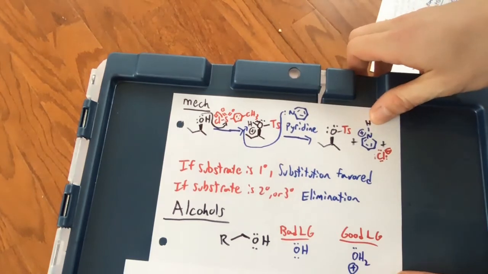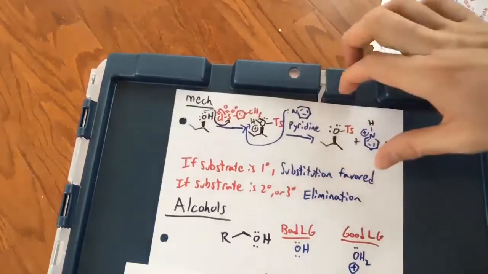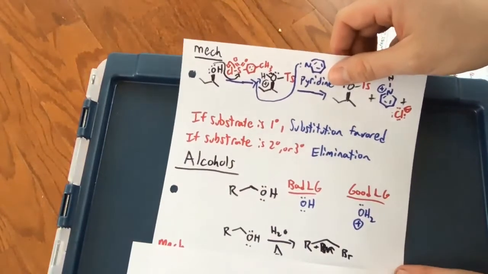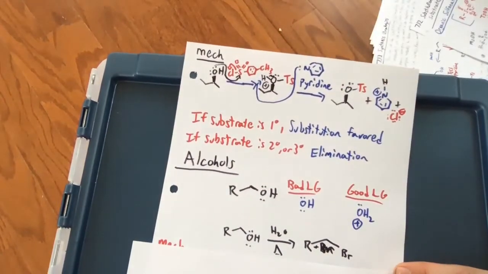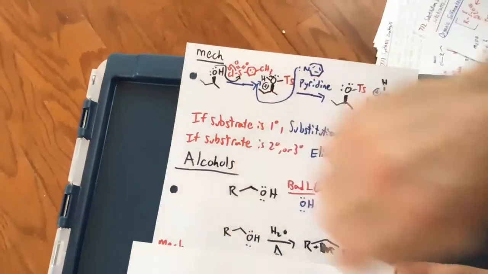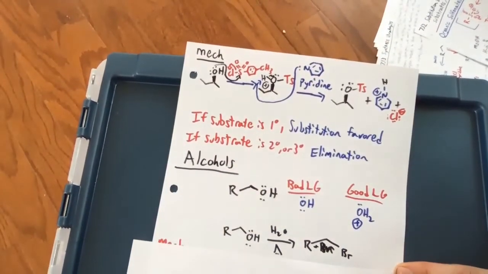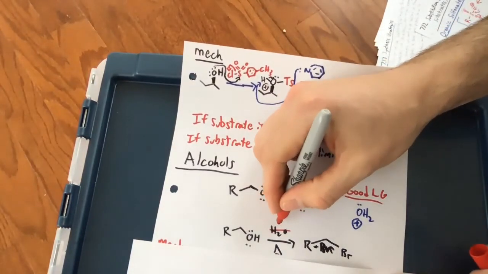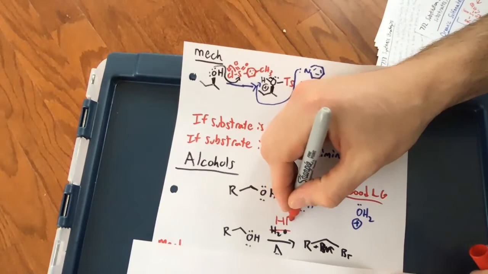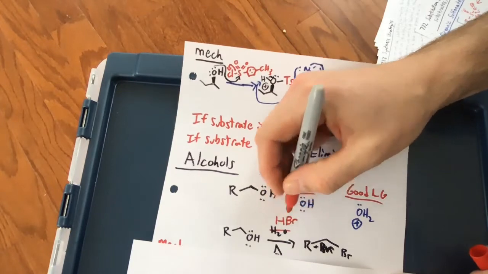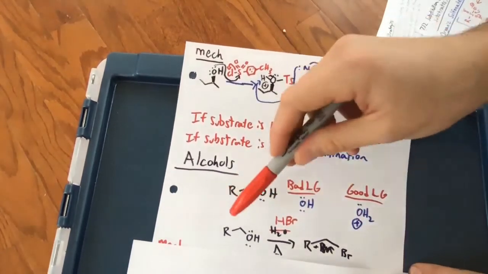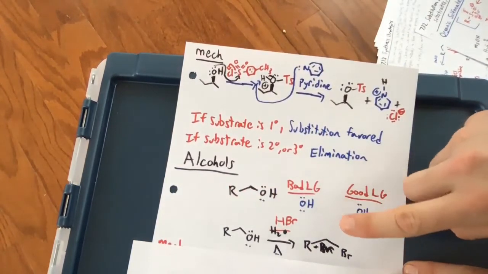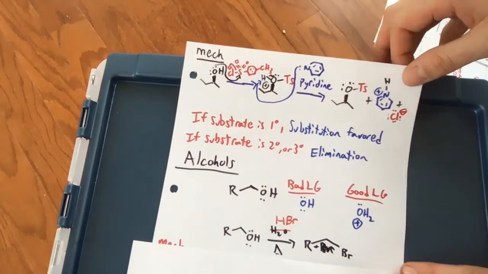For instance, let's say that you wanted to do this reaction. You took this alcohol and, this should actually be HBr, there we are. You have this alcohol and you heat it up in HBr. What you will get is substitution of the alcohol group with the bromide.